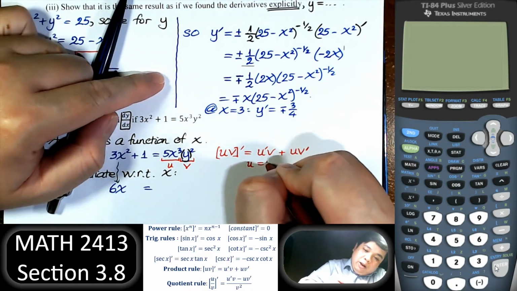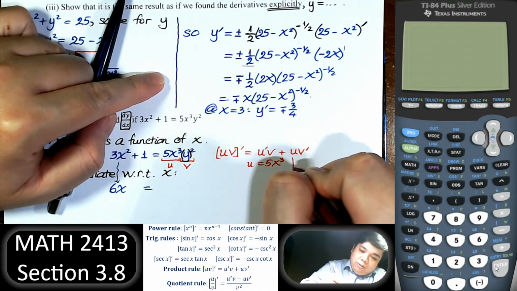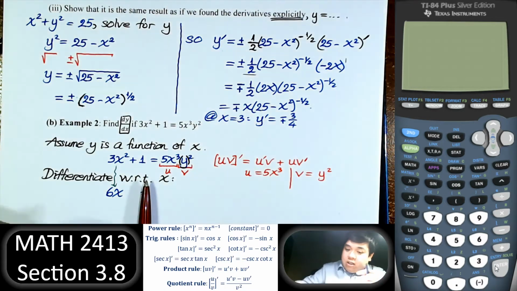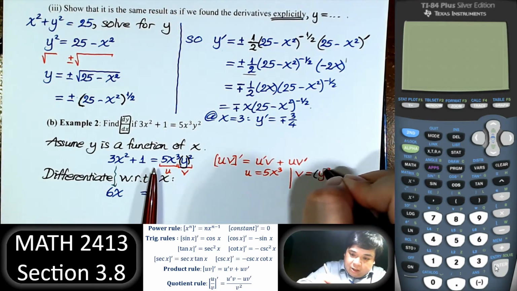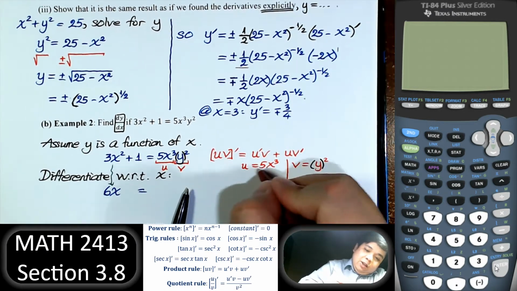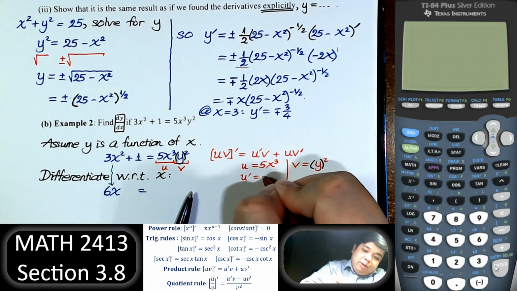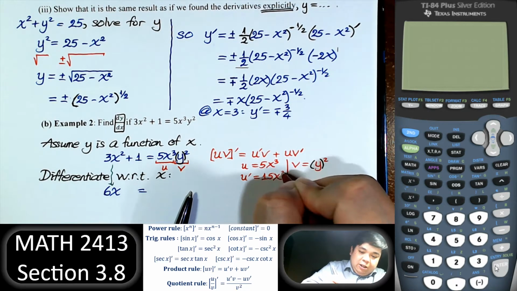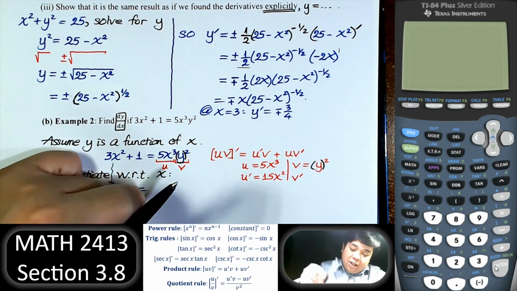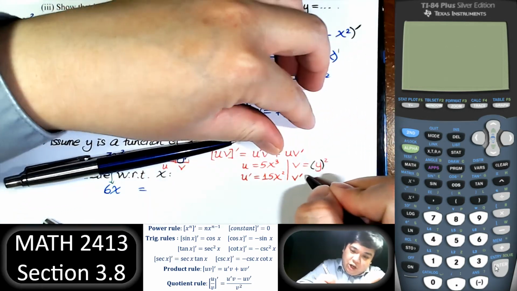u is 5x cubed, v is y squared, where y is a function of x. Derivative of u is 15x squared. Derivative of v, this is the function of x, so use the chain rule.